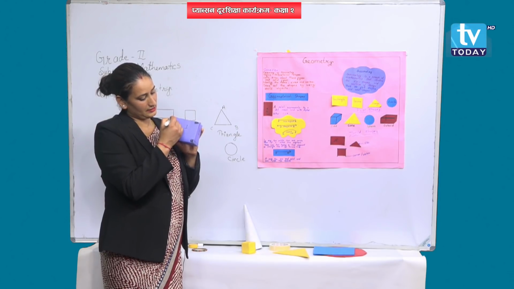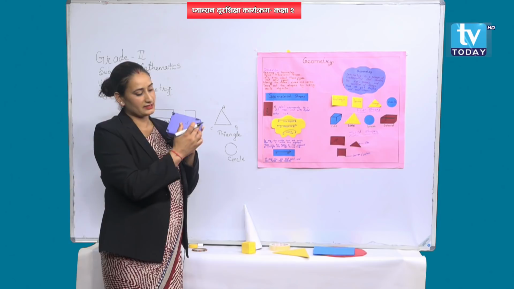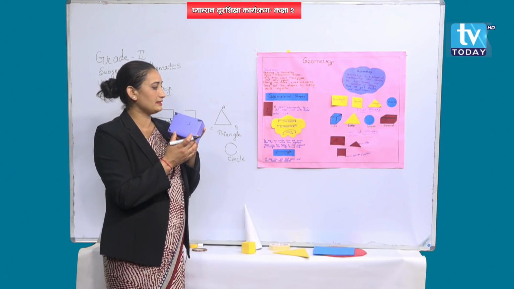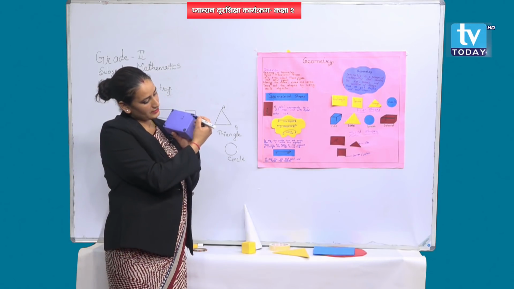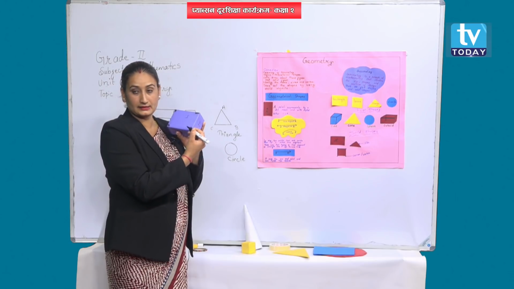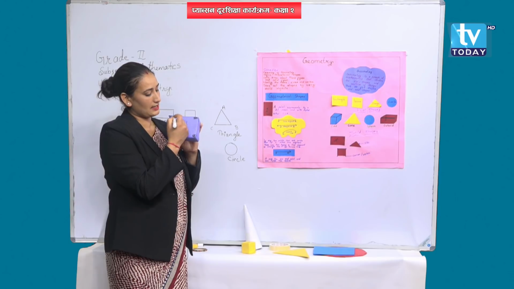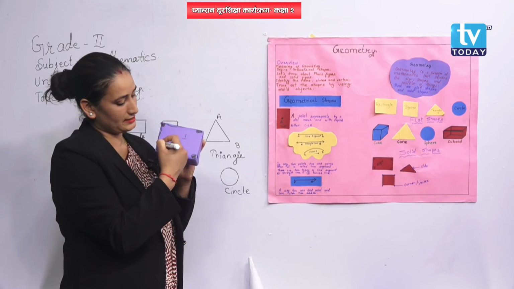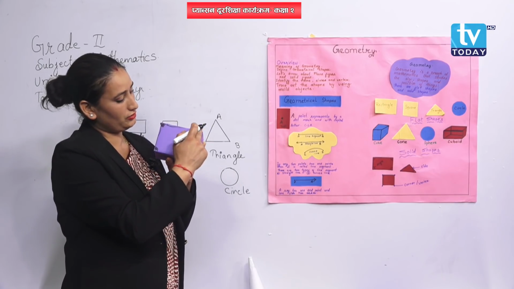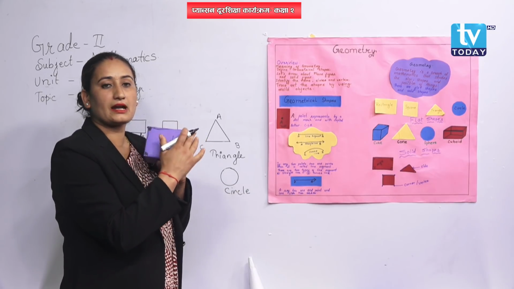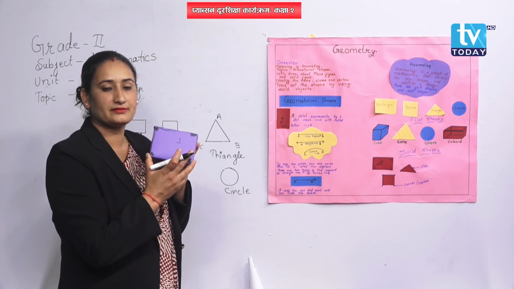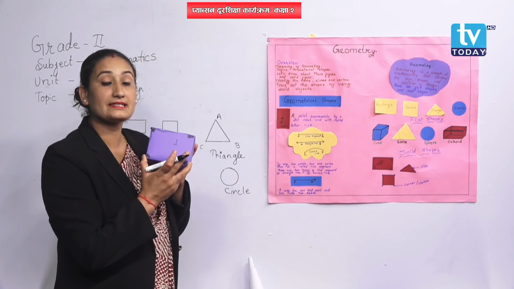See, these are the angles. These 4 corners we call angles. And this straight line, have you seen this line? This line and this line, 1, 2, 3, 4. These are called sides.